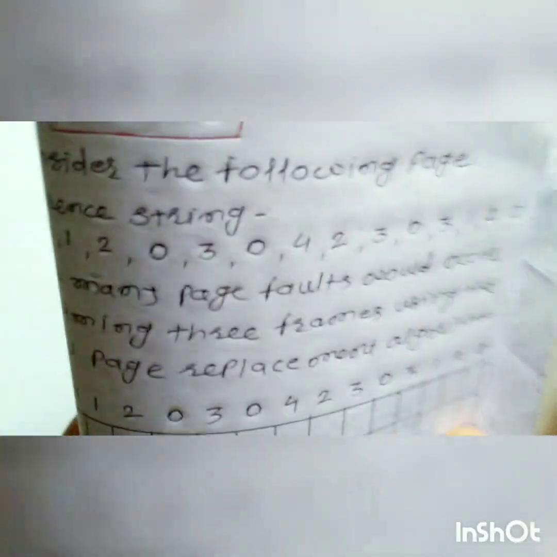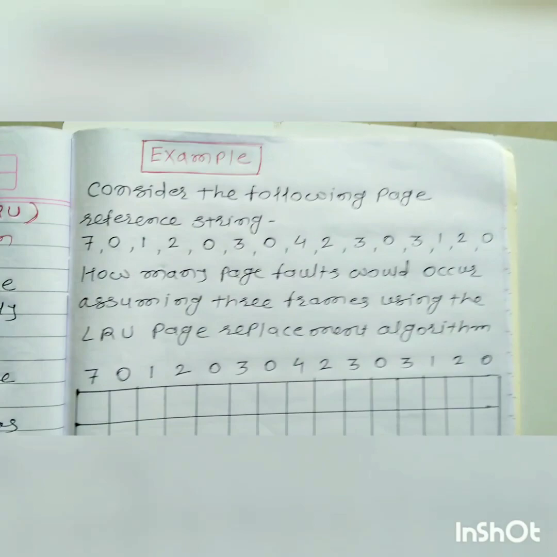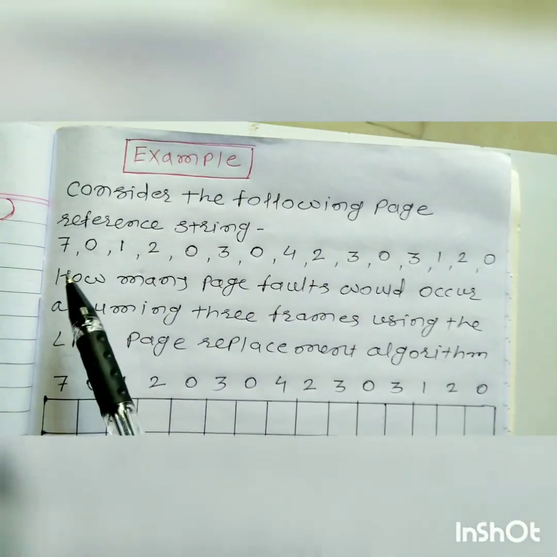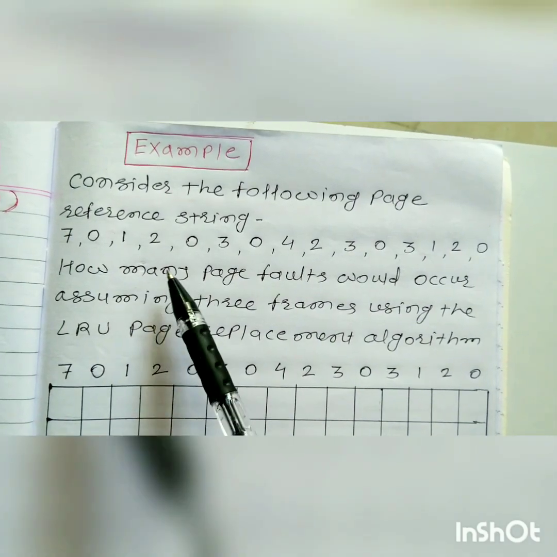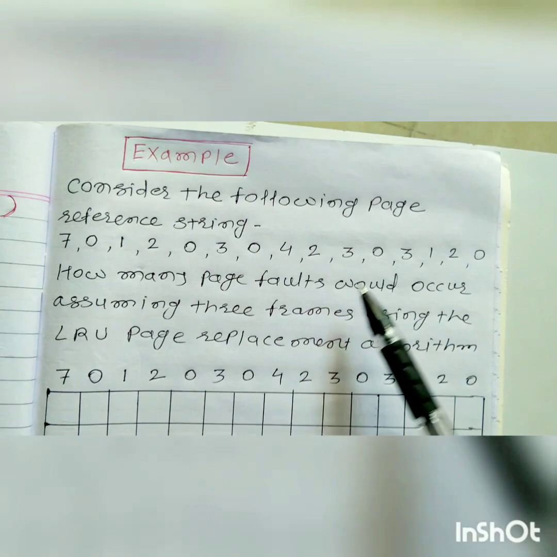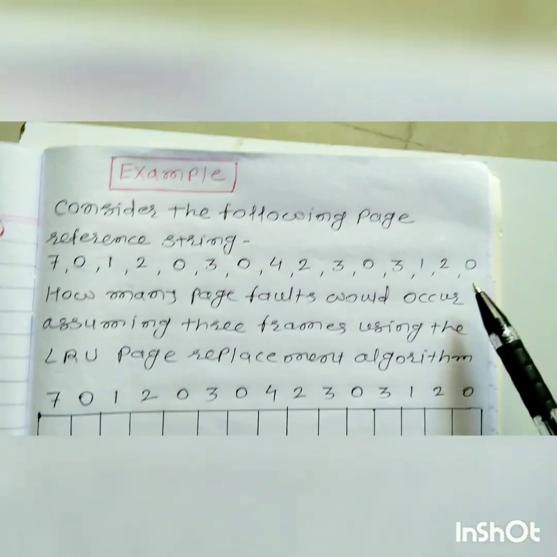So today we are going to see a problem on the least recently used algorithm. Consider the following reference string: 7 0 1 2 0 0 3 0 4 2 3 0 3 3 1 2 0.